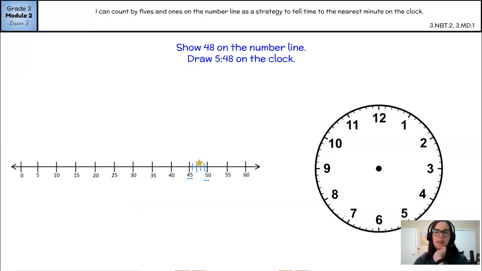Okay, now let's do it on the clock. 5:48, my hour hand, which is my shorter hand, is going to point to the 5. Now 48, if I'm going 5, 10, 15, 20, 25, 30, 35, 40, 45, 46, 47, 48. I'm going to put this here to give myself a little spot to point my arrow to. So 5:48.